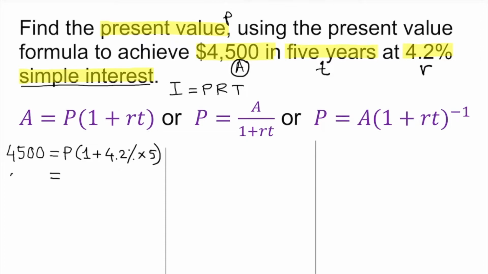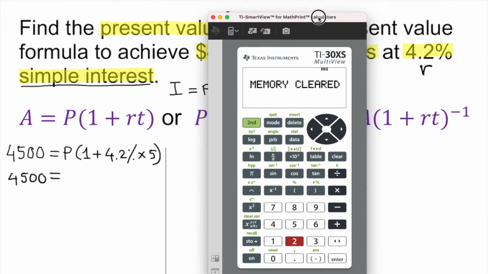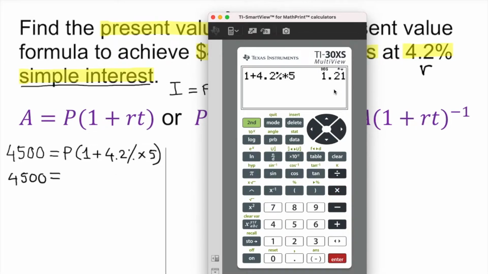I can do a little bit of algebra and bring down 4,500, and multiply this through on any calculator. 1 plus 4.2% times 5, enter. That gives 1.21. So 4,500 equals 1.21 P. I'm going to divide by 1.21 on both sides, and 1.21 divided by 1.21 cancels.